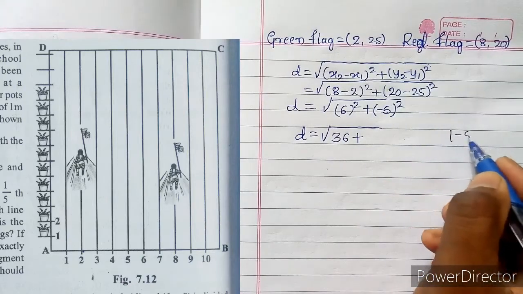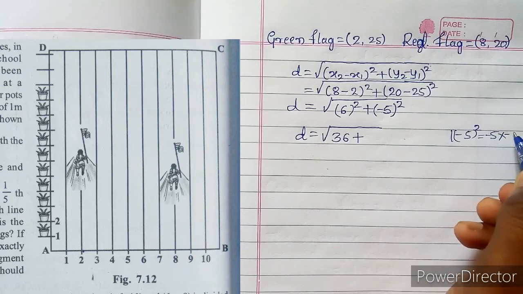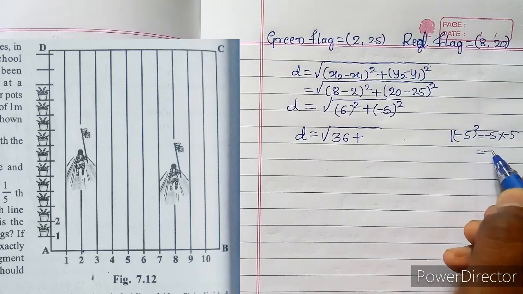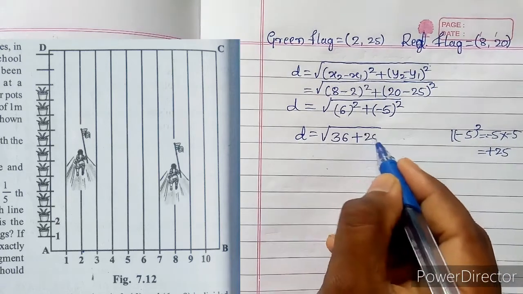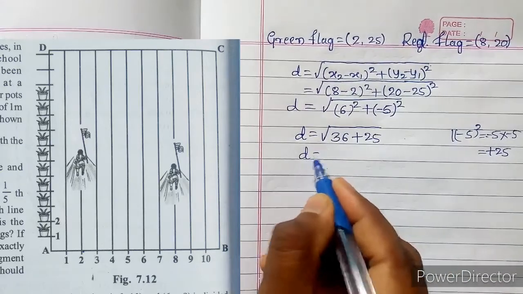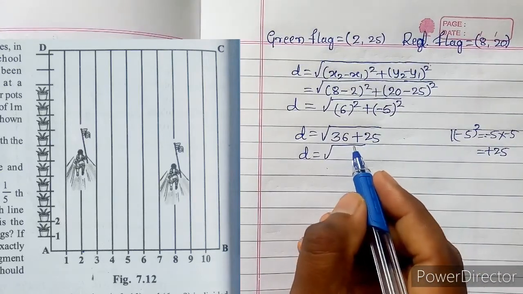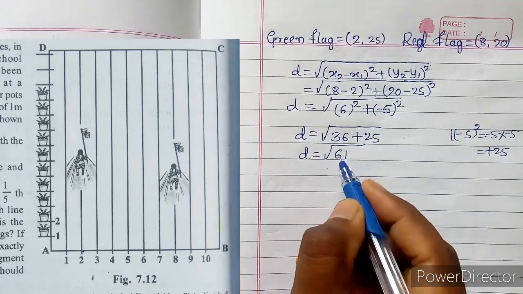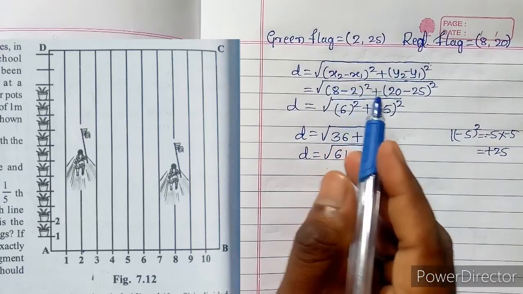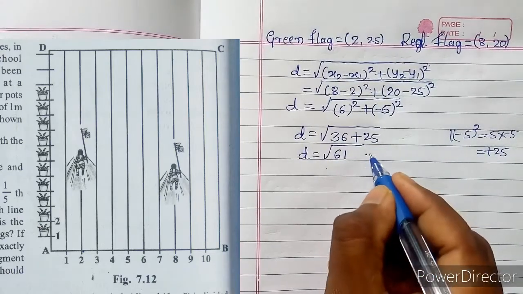Minus 5 multiplied by minus 5 becomes plus 25. Then d is equal to square root of 36 plus 25 is 61. The distance between the green flag and the red flag is square root 61 meter.